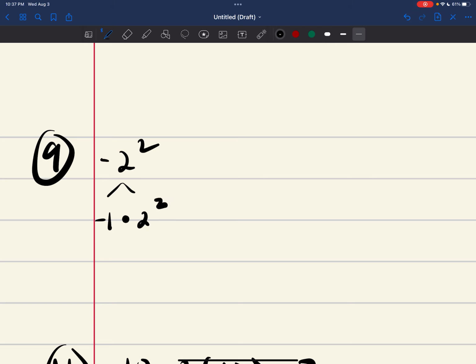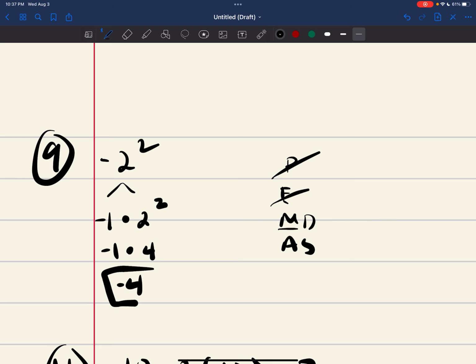Right? So then, let's use our PEMDAS skills that we know and love. We do this in order. Do I see any parentheses? No. Do I see an exponent? Yes. 2 squared, that's 4 times this negative 1. And I'm going to proceed to the multiplication and division part. But there's only multiplication in this case. So negative 1 times 4 is just negative 4. And that is my answer. Okay?